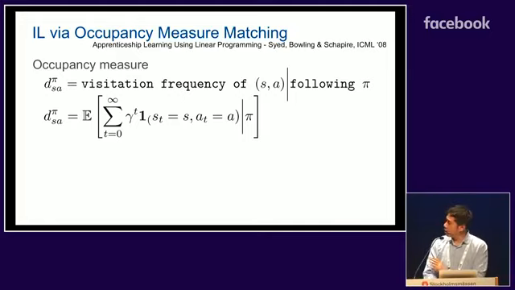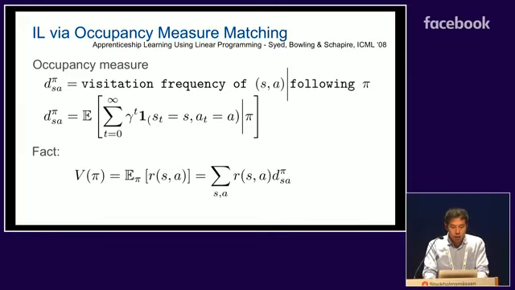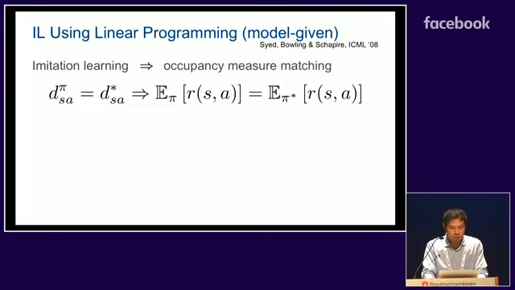By the way, we can think of this as the feature expectation of pi, where the feature vector is an indicator function instead of phi. And a simple fact about the occupancy measure d pi is that we can express the value function V as a linear combination of the reward function over possible states and actions. And notice that this is actually true regardless of whether the reward function is linear or not.